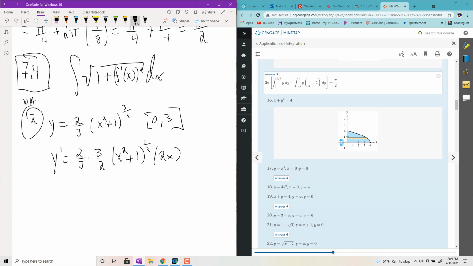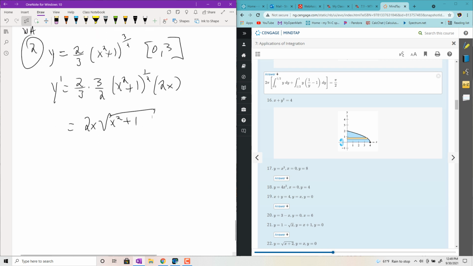All right. Okay, let's rewrite it a bit. So I got 2x, and then times the square root of x squared plus 1, rewriting the 1/2 power as a square root.